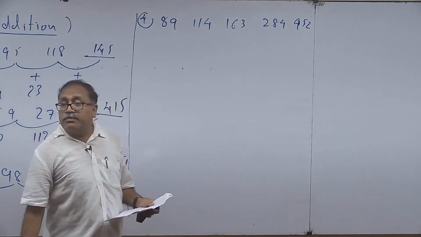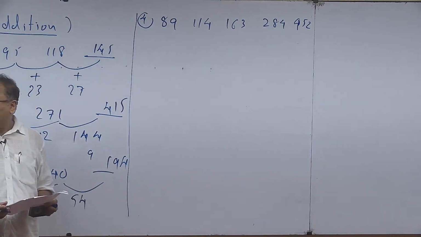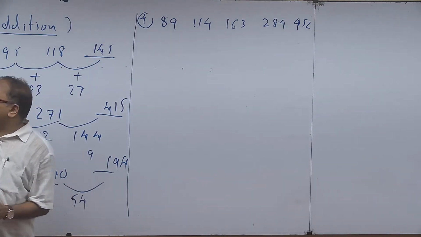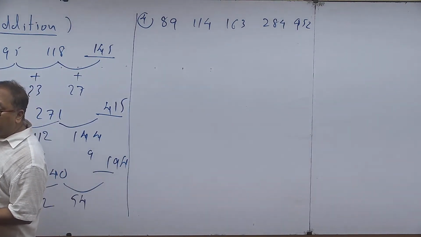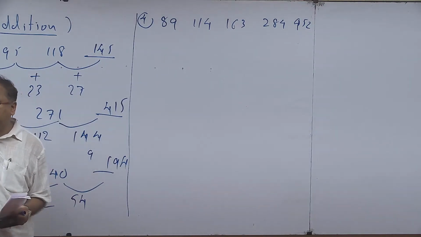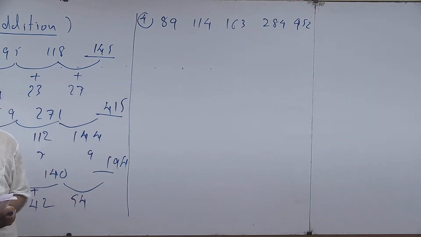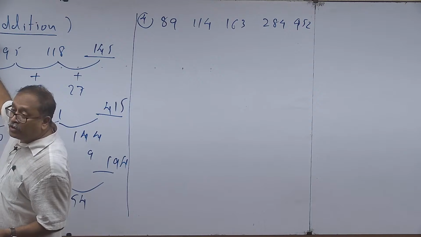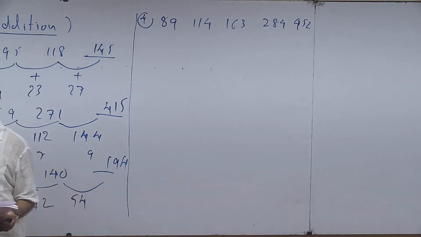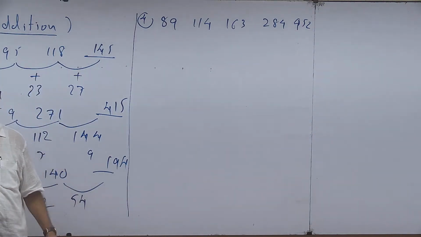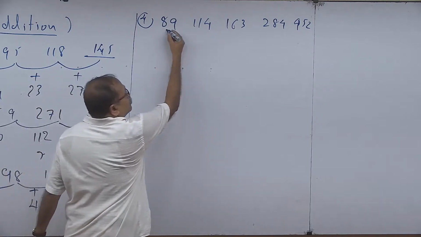What should be the next number? Addition based. Please remember that you don't need to think what kind of logic it is. Is it addition or subtraction or multiplication or n square or n cube? No. We already know that we are dealing with an addition based question. So add something to this number in order to get the next number.